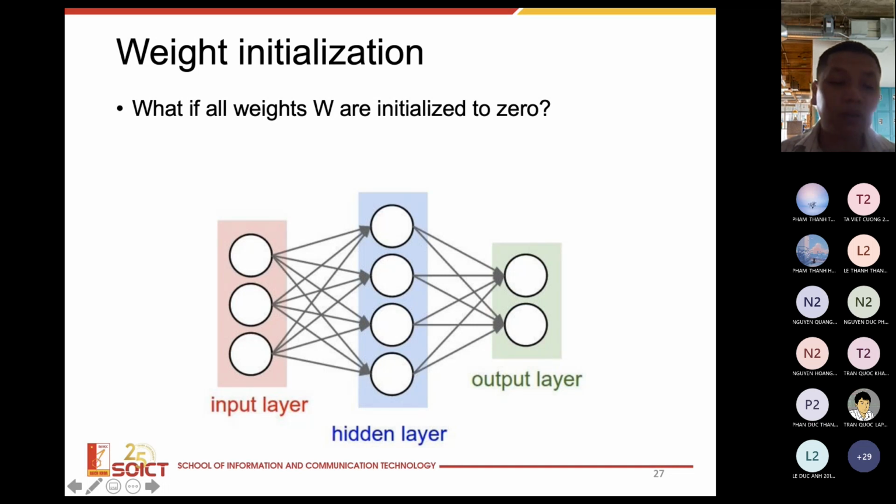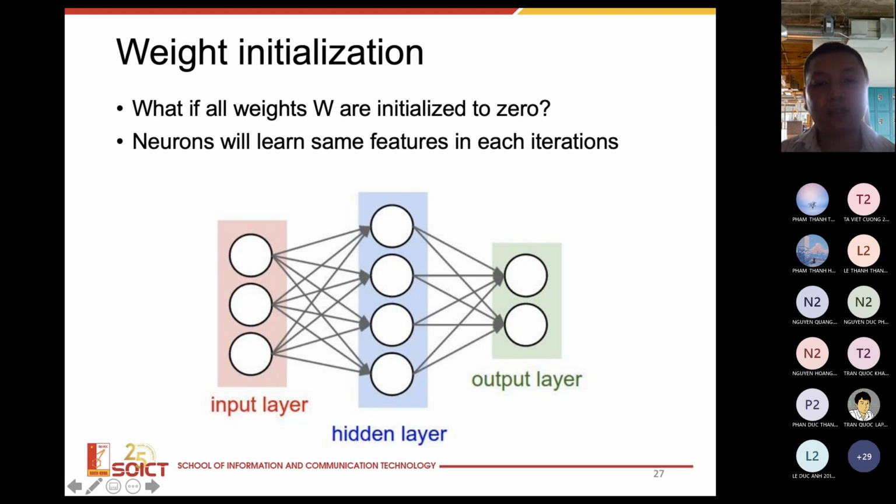Is there anyone that wants to discuss this problem? What if the weights are initialized to be 0? The answer is every neuron will learn the same feature in each iteration because they act the same, right?